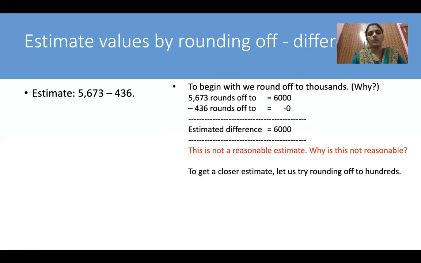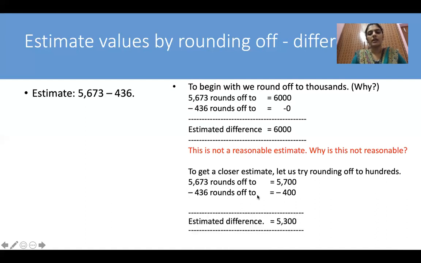Let's see. Now try to find a closer estimate. So let's try rounding off to 100. If we round off 5,673 to the nearest 100, we get 5,700. The rounded off value of 436 to the nearest 100 is 400.